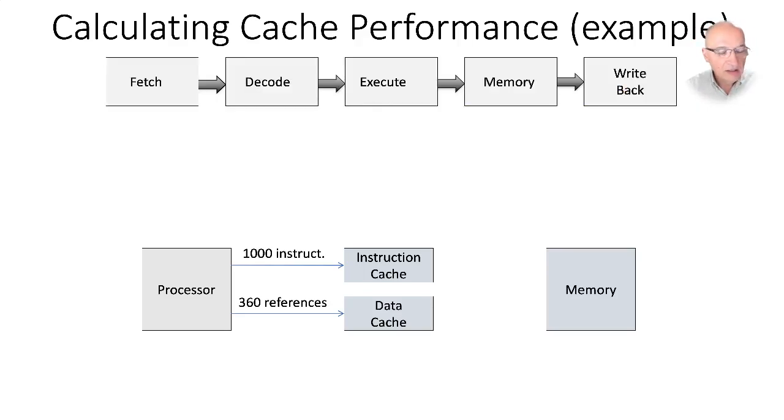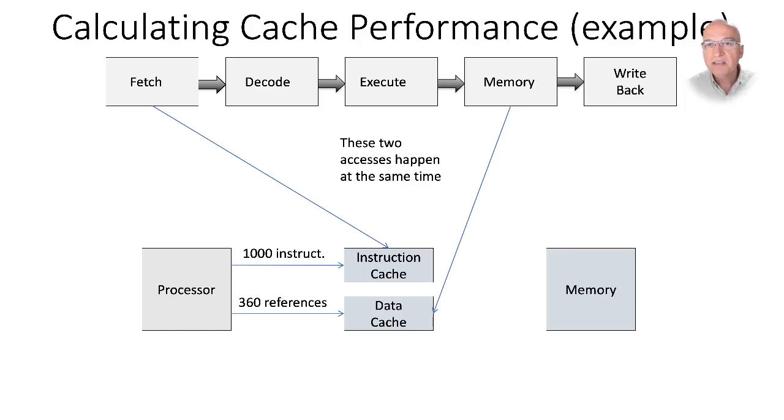What we need to keep in mind is that the instruction fetch is fetching from the instruction cache, and the memory stage of the pipeline is executing from the data cache. So these two accesses are happening at the same time.